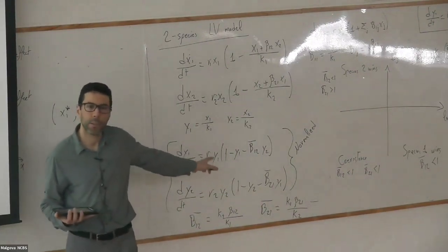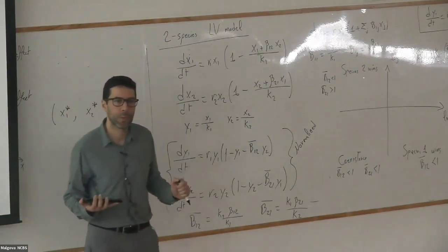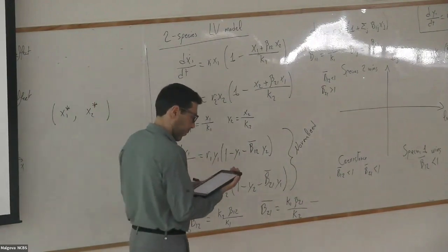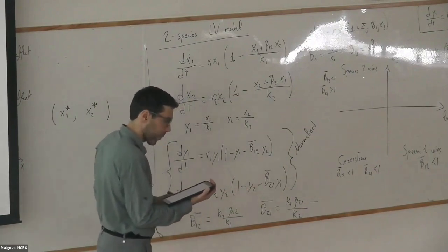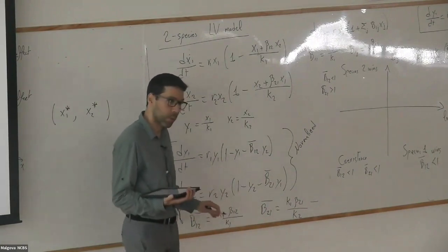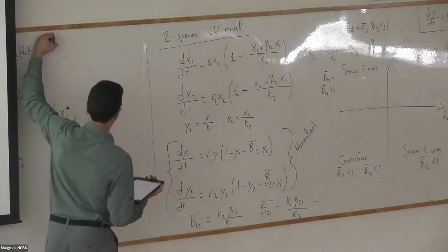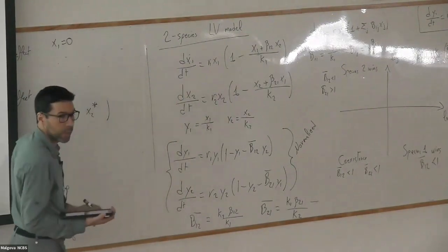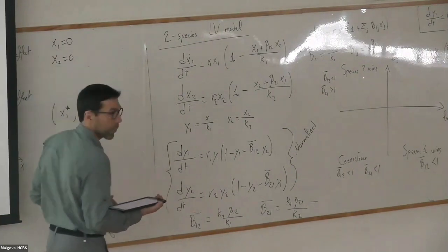Okay, so what are the null clines for this? There are two that are quite obvious. y1 can be 0, or y2 can be 0, right? So we have the vertical axis and the horizontal axis are both null clines.